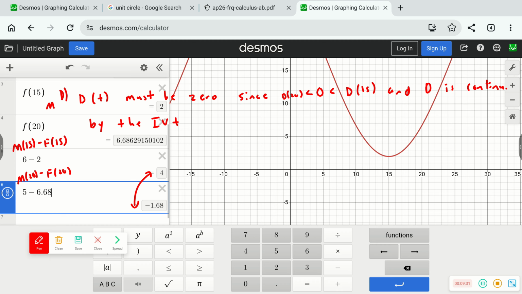So that's part D. Okay, so that's number one. Not too bad. It's usually pretty mild.